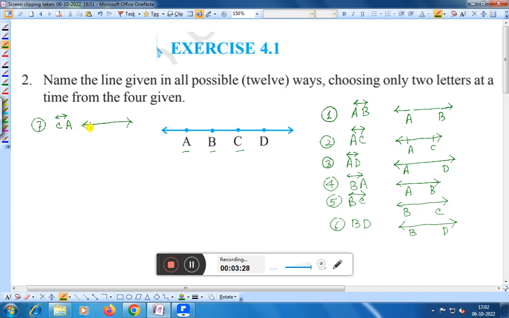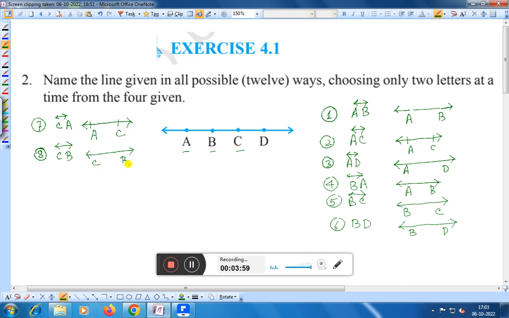This is C and this is A, right? Next is number 8, CB. CB will be like this. Here the line is C and here it is B.